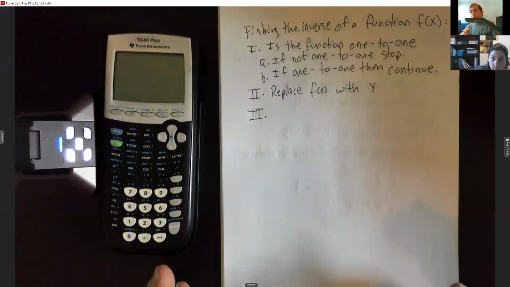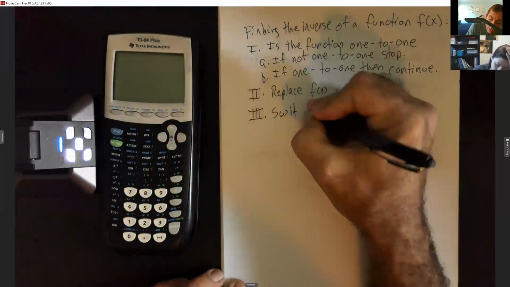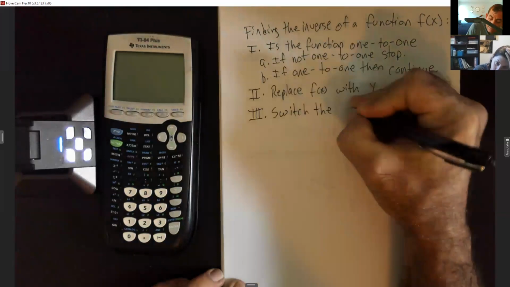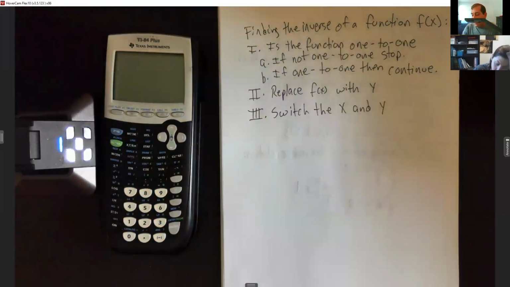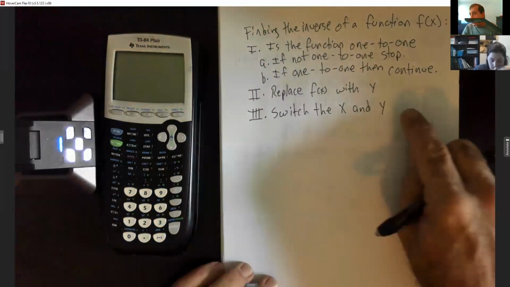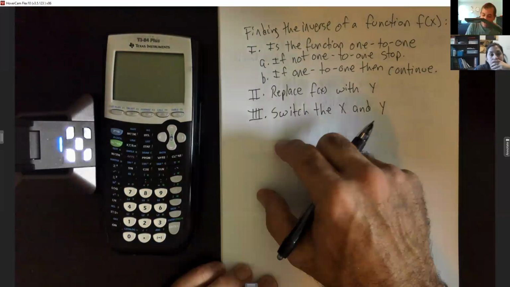We're going to switch the x and the y. So at that point, we would have had y equals something. Now we have x equals whatever after we switch them.